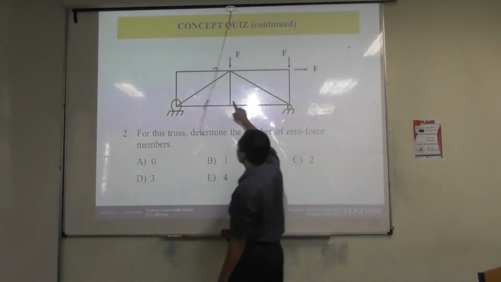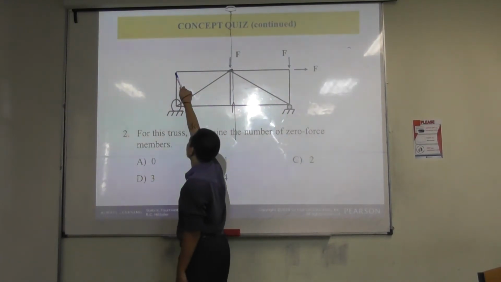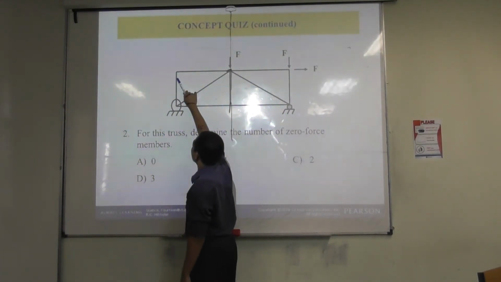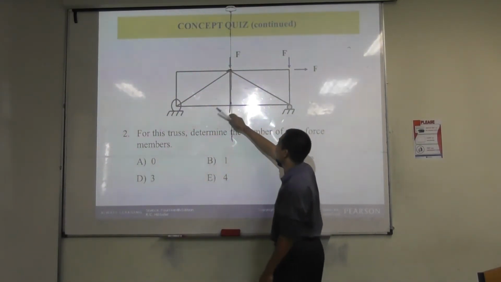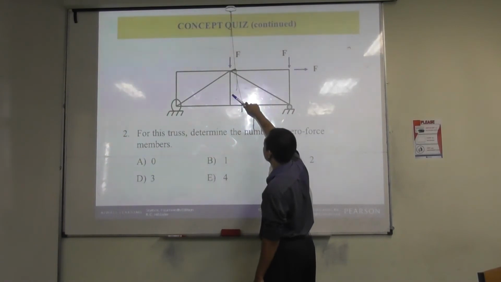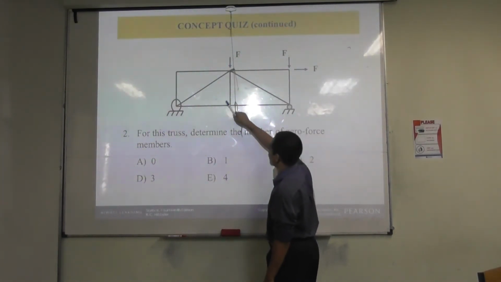Top left? Meaning you are also in this joint, and this one has 2 non-collinear members, meaning this is 0, this is 0. The one who said 1 earlier? Middle? This one? Why? This one, 2 collinear, this one is 0.